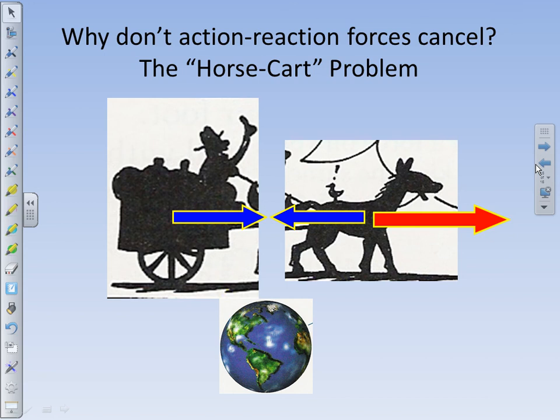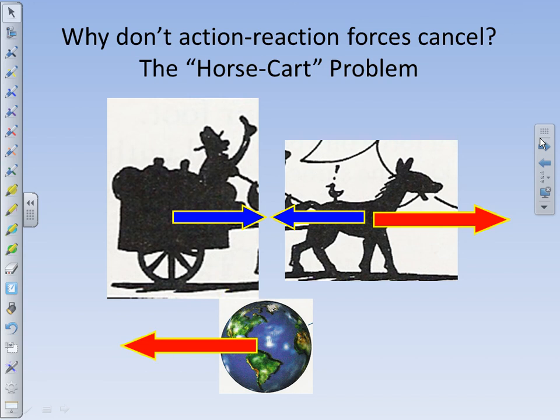Apply force equal in magnitude, opposite direction. He pushes on the ground. So the horse pushes on the ground. And if the horse pushes on the ground, what does the ground do? Pushes back. How hard? Equal, but opposite direction.